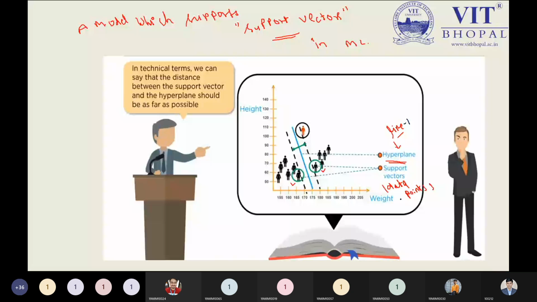In technical terms, the distance between the support vector and the hyperplane should be as far as possible, as I told you. A model which uses the support vectors in ML is why it is named the support vector machine. Now this term is clear, the fundamental part of the support vector machine and where the name comes from. Is it clear right now? Please tell me.